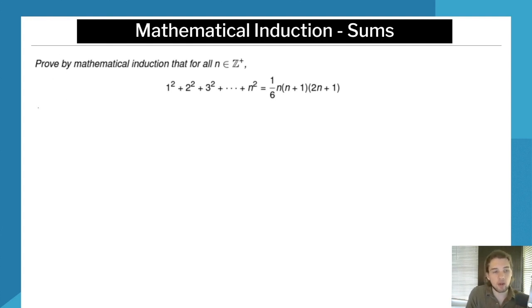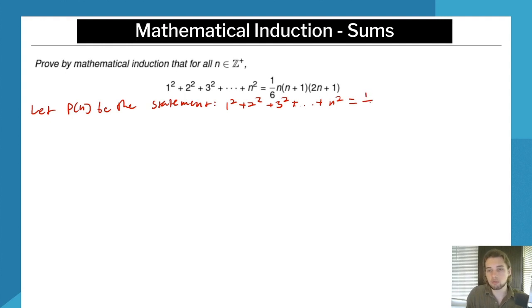So that's why you rewrite this formula here, and this time you write it as: let Pn be the statement 1 squared plus 2 squared plus 3 squared plus ... plus n squared is equal to this general formula right here.